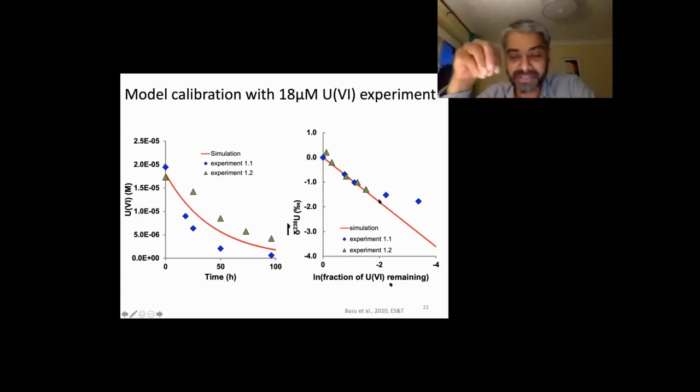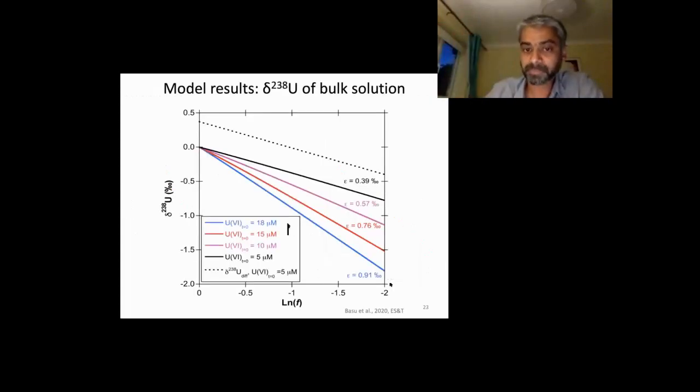So we fix the unknown parameters at this point and use those for the other initial uranium concentration experiments. If you look at the simulation results, all of them produce a nice Rayleigh type fractionation, which is exactly what we observed.